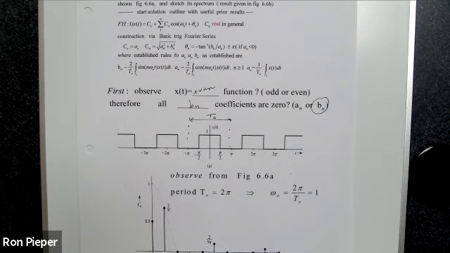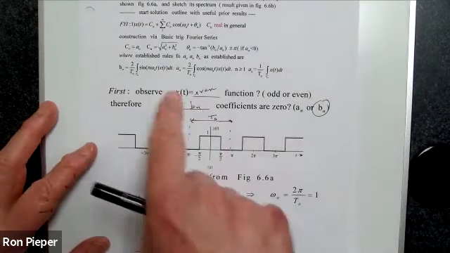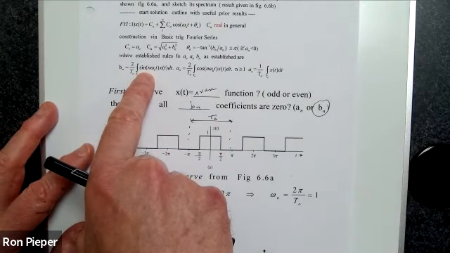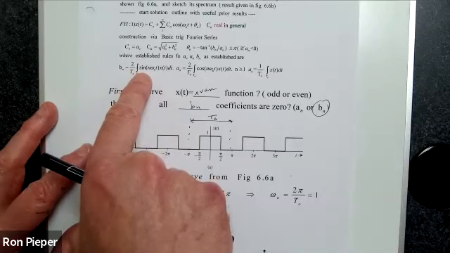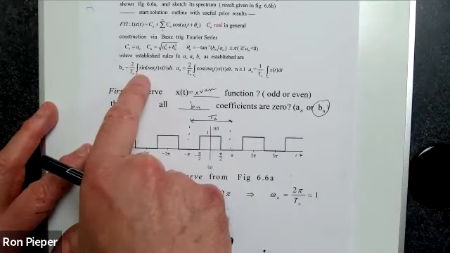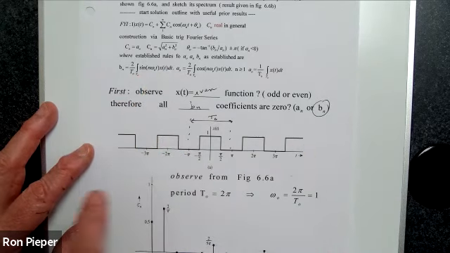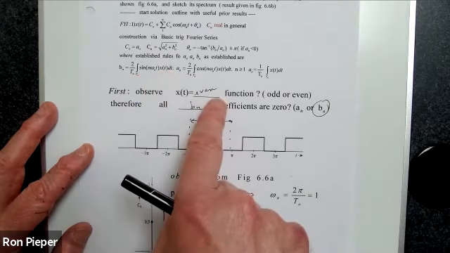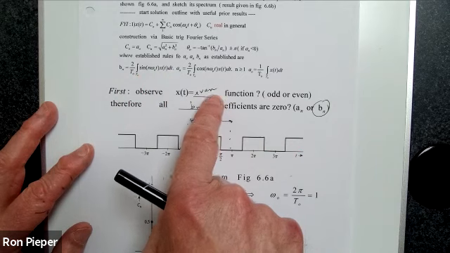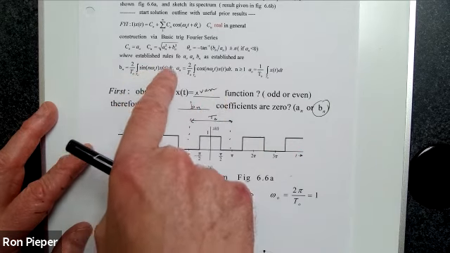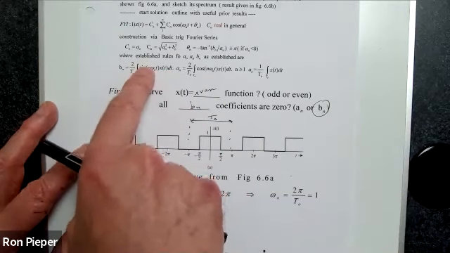Why? Well, to compute the BNs, we have to take the product of the sine function times the input signal, x of t. Now x of t has even symmetry, and the sine function has odd symmetry. Remember, even times odd is odd.